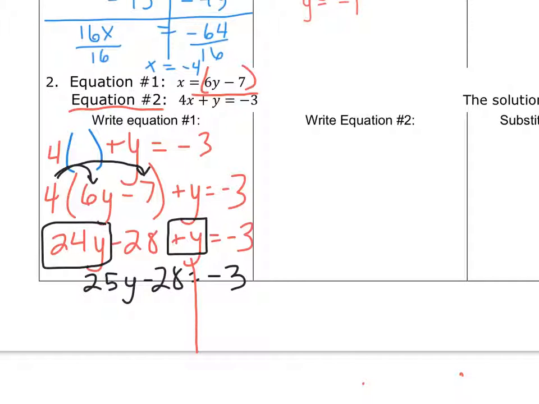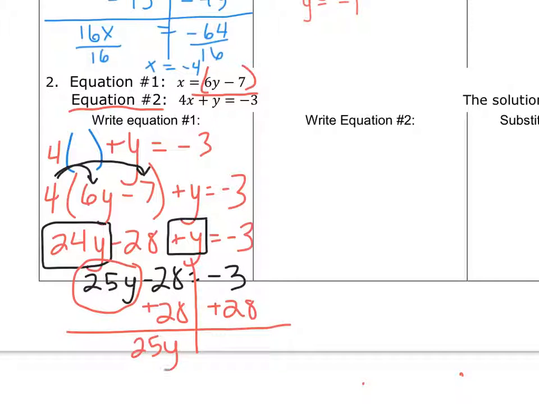I'm solving for y, so he's the guy that's got to be alone, so I'm going to add 28 to both sides. When I bring this down, I've got 25y equals 25. Divide both sides by 25, and I've got y equals 1.